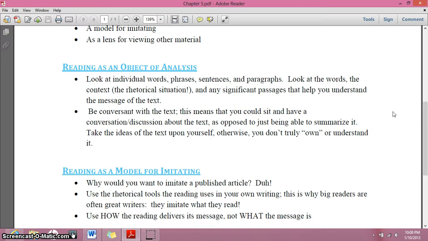And then you go back to that anecdote, see what is so good about it, how exactly the author made it useful, how detailed they were, how much description they gave, or if they were just really succinct. You look at the different aspects of the element that you liked, and then apply it to your own anecdote. That's how you can imitate a reading in your own writing. And this is a big reason why people who read a lot write really well.